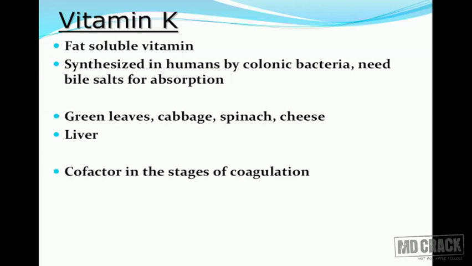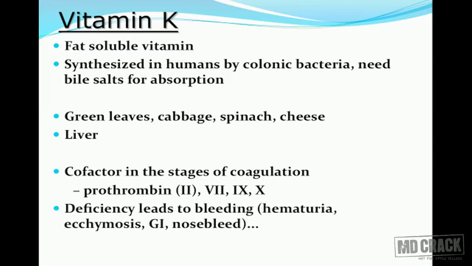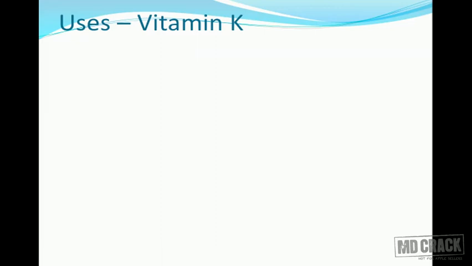And vitamin K is important because it's a cofactor in the stages of coagulation, especially factor 2, 7, 9, 10. 2 is prothrombin and factor 7, 9, 10. And if there's vitamin K deficiency, this is going to lead to bleeding. Hematuria, ecchymosis, gastrointestinal bleeding, nosebleed, all these will be evident.